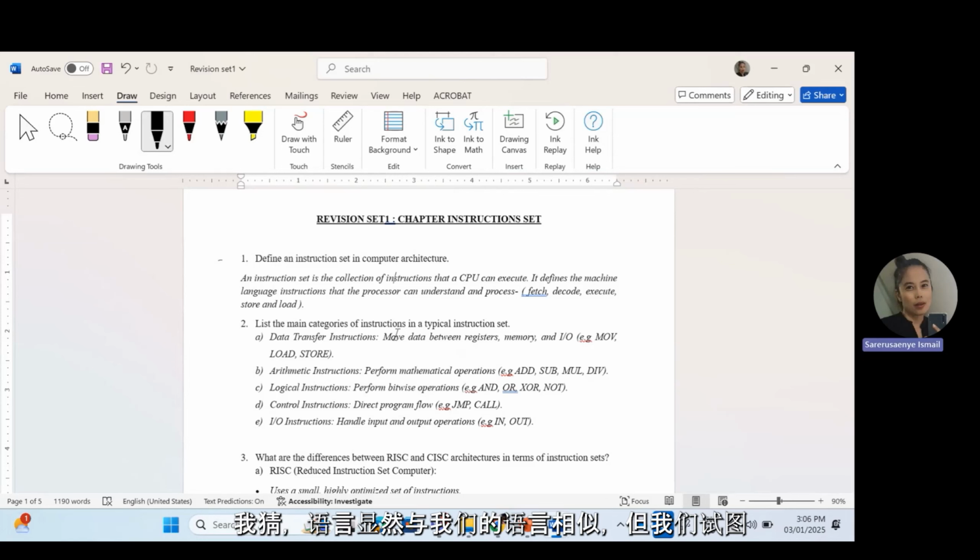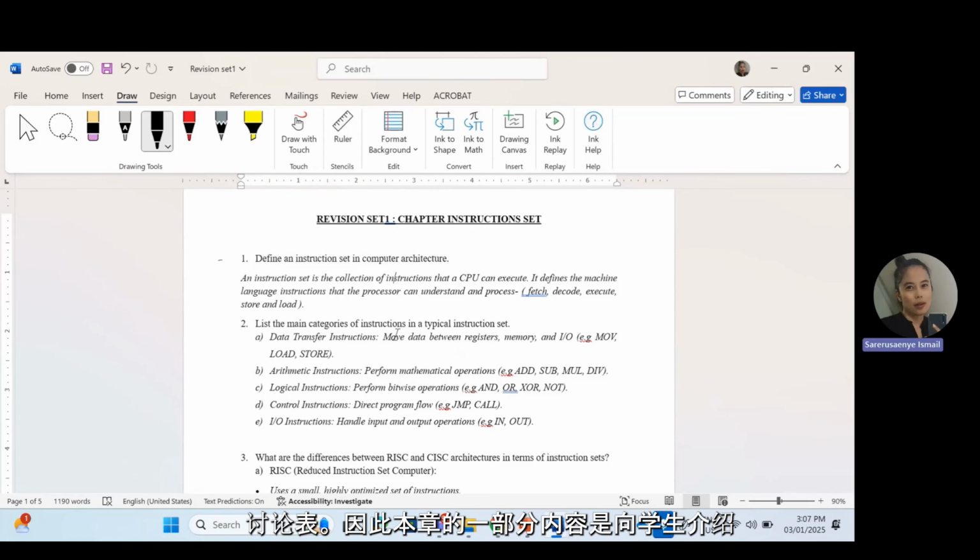And this assembly language is apparently similar to our language, where we try to interpret binary numbers as the instruction set. When we have to know about assembly language, in chapter 3, we know exactly the typical instruction set, which follows the discussion table.